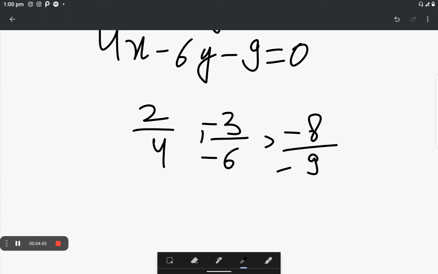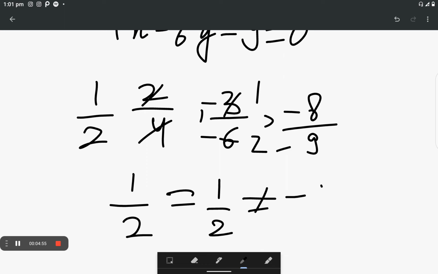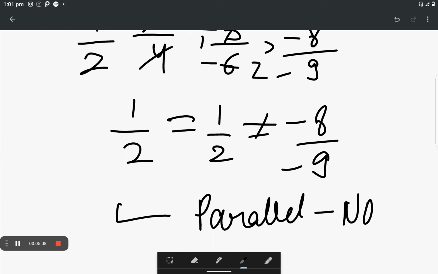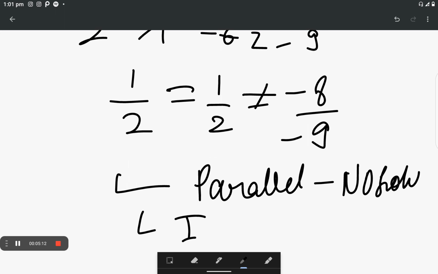So this is 1 upon 2, 1 upon 2. So A1 upon A2 is equal to B1 upon B2, but they are both not equal to C1 upon C2, that is minus 8 upon minus 9, which tells that these lines are parallel and would have no solution, and thus this is inconsistent.